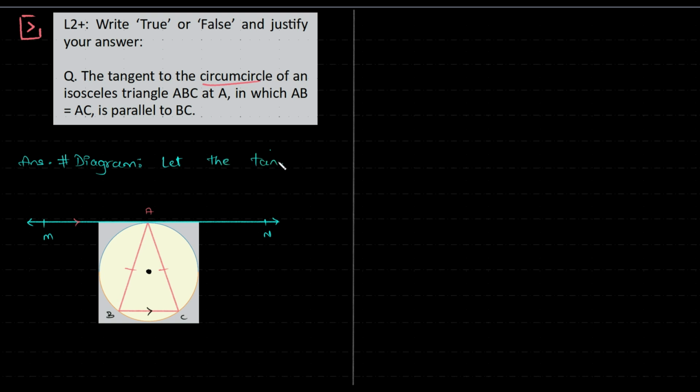Let the tangent be named MN, or let MN be the name of the tangent, however you want to write, active voice, passive voice, that's left to you. Okay, then we have the construction. So we need a transversal line, right? So let's draw a line from A perpendicular to BC.